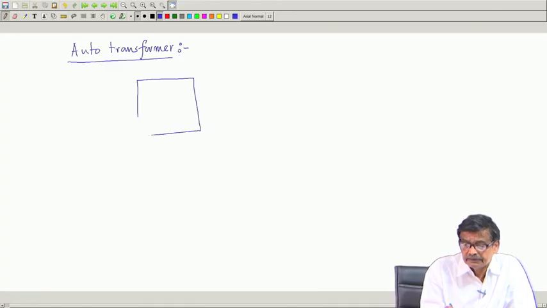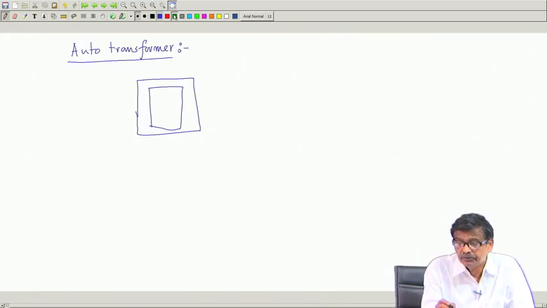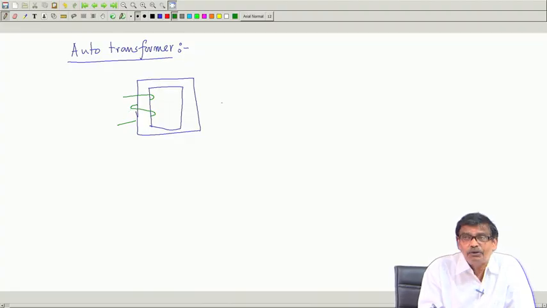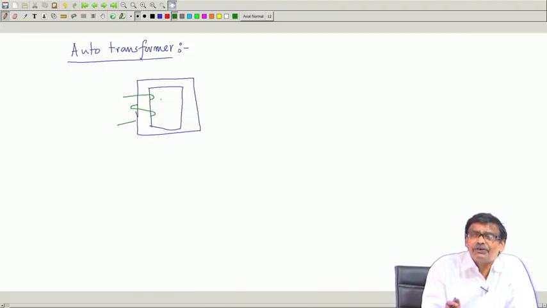you have a core and there are two separate coils, at least two separate coils, and these coils will be distributed, but that is not generally shown here to reduce the leakage flux.